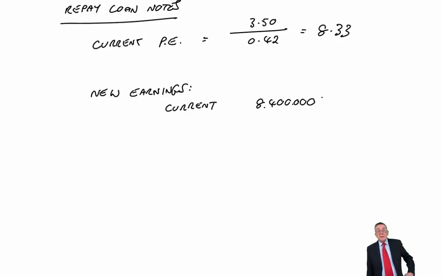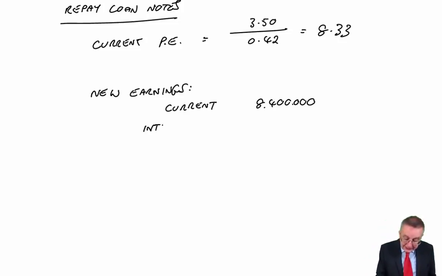Why should they change in future? Well, if we repay loan notes, we'll be paying less interest. And if we're paying less interest, the earnings will go up. So we need to work out how much interest we'll save on the redemption.